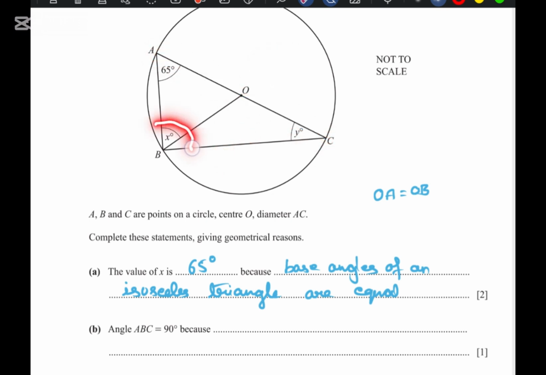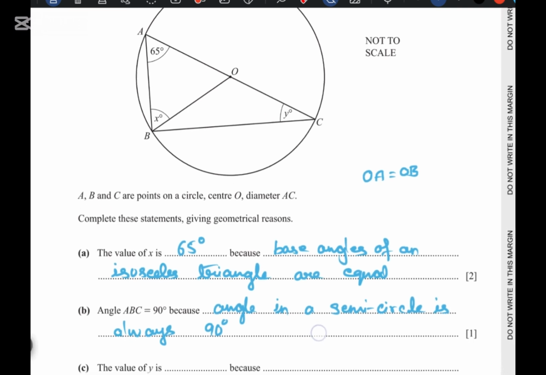Angle in a semicircle is 90 degrees. You should know this. So the reason is: angle in a semicircle is always 90 degrees. This is B done.